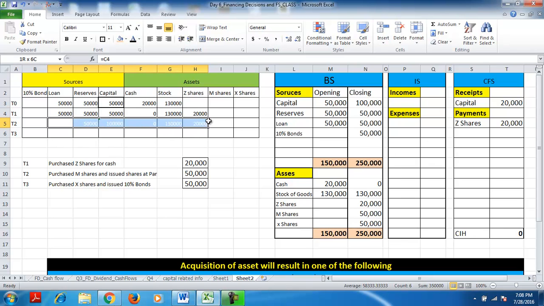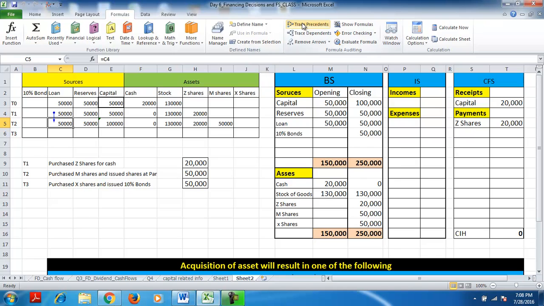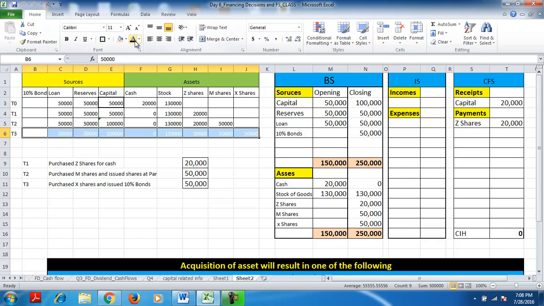When we purchase M shares, the M share is an asset, and the increase in capital comes into picture. Whereas in the third one, we purchased the shares, but this time we created a liability called 10% bonds.